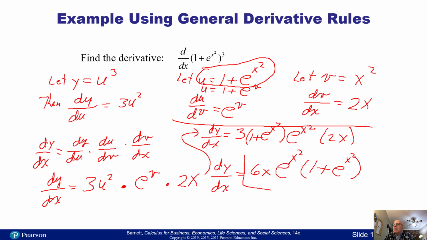This is the derivative of this doubly complex or composite function. All right, I hope you're able to follow that. You might want to watch it again because it is a chain of a chain.